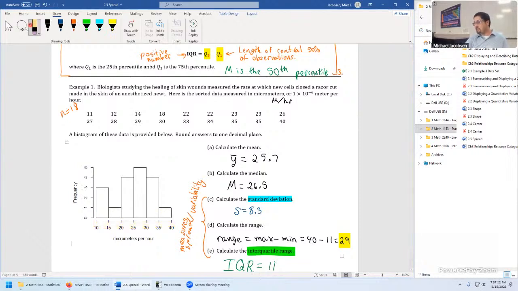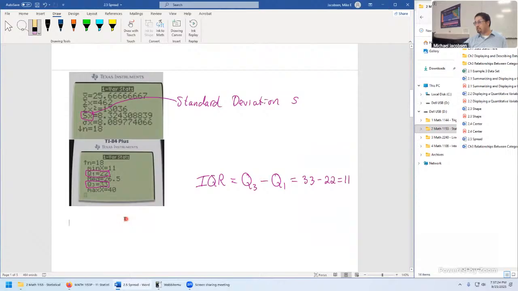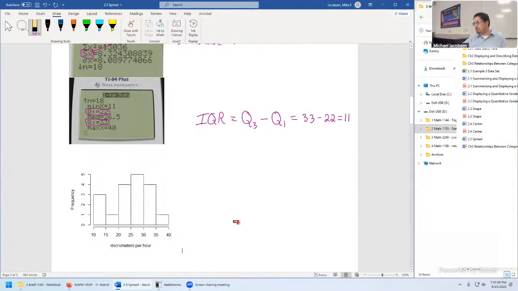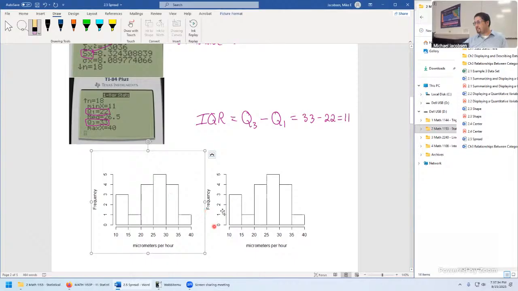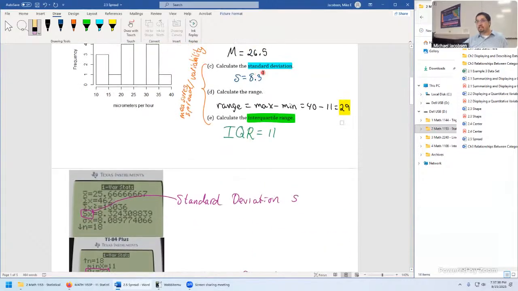The next 2 are slightly more challenging. We mentioned what this is trying to say, the interquartile range. But it's one thing to write it down, another thing to actually see it. So let's take this down below and take another look at what's going on with the so-called interquartile range. We'll do it again for the standard deviation S. So we had IQR is 11, S is 8.3.